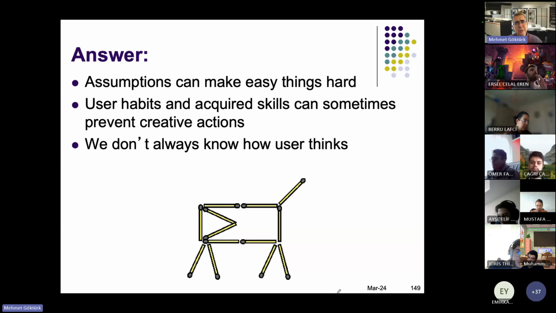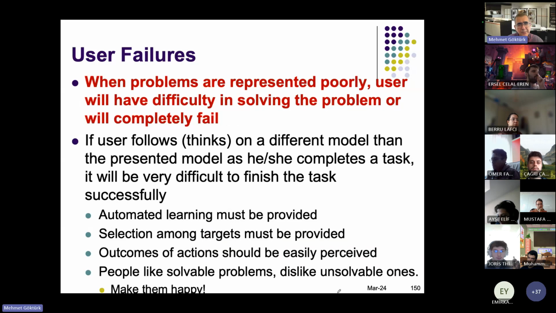So the problem here is we don't always know how the user thinks. So we don't always know what the user's habits were. When problems are represented poorly, the user will have difficulty in solving the problem or will completely fail.